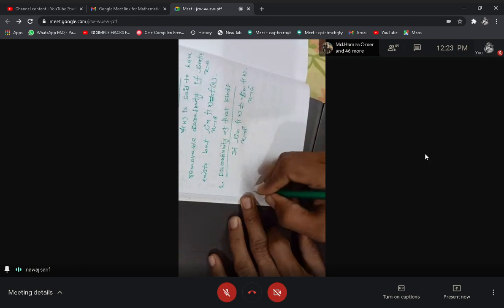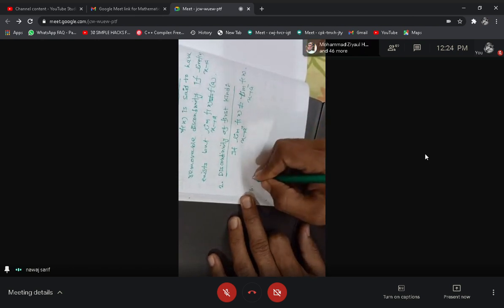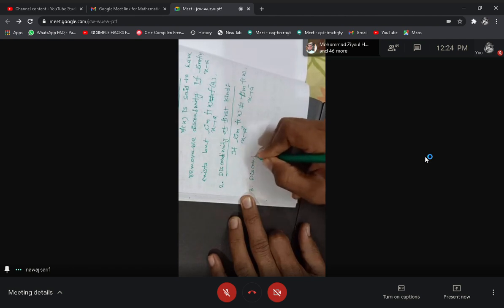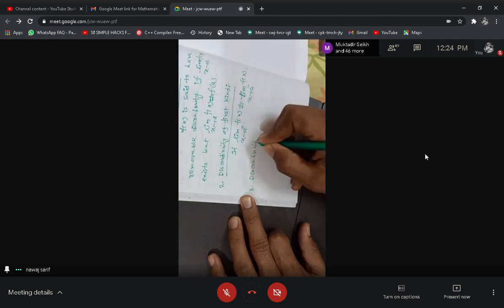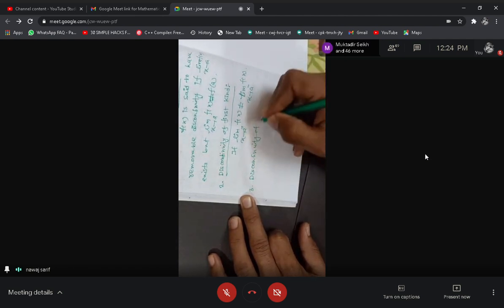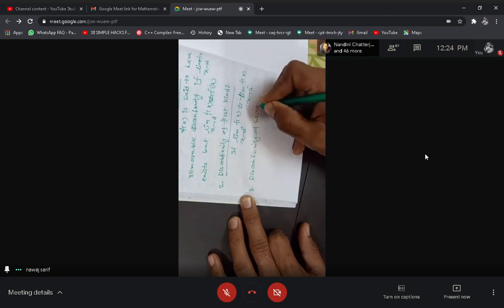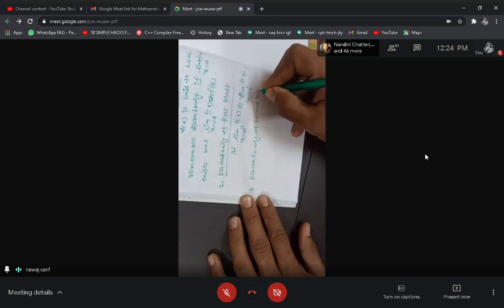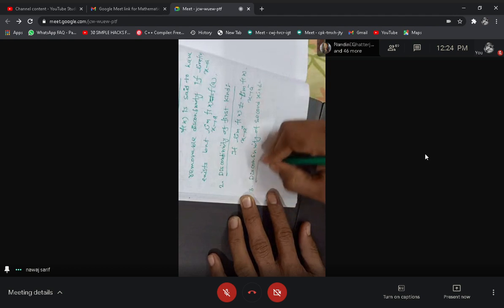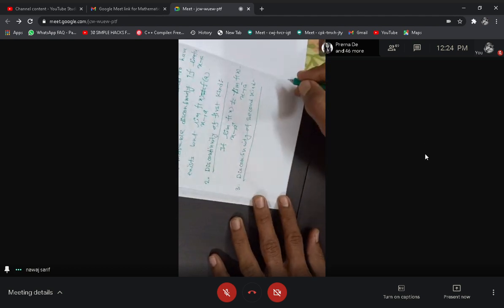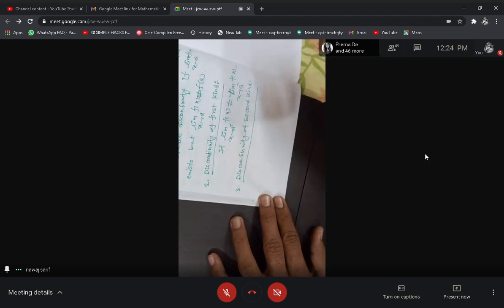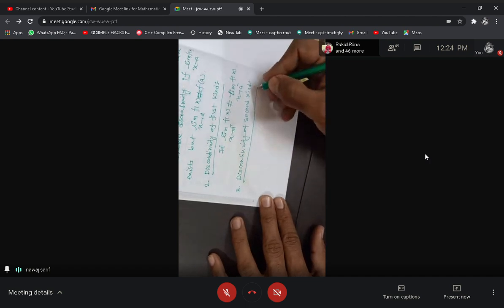Okay. Another is discontinuity of second kind. And what will be the possibility of the other case?